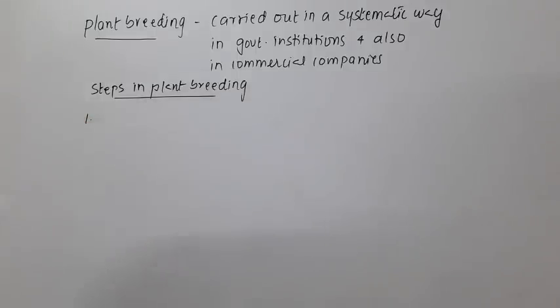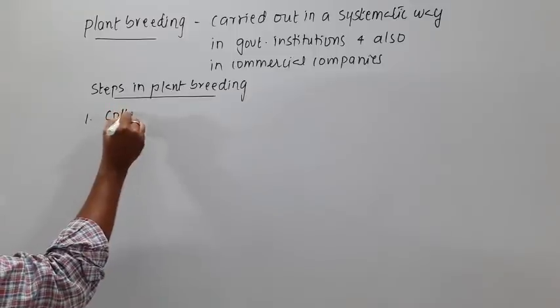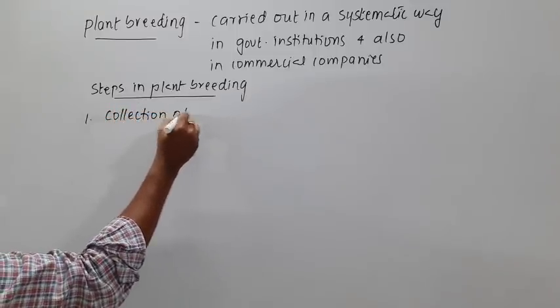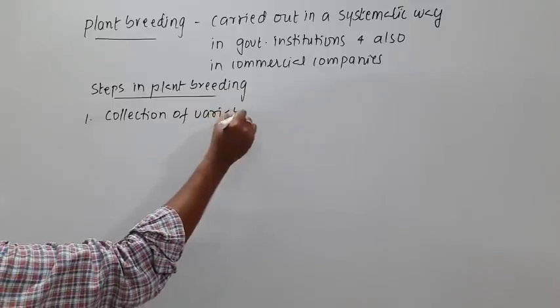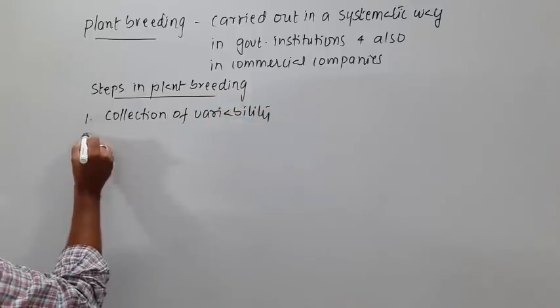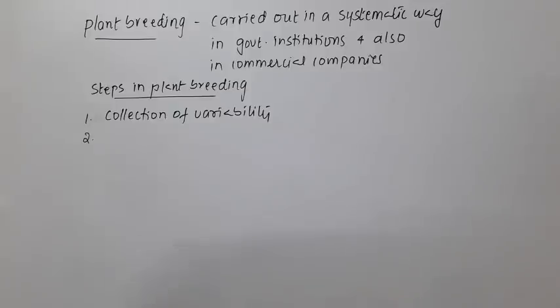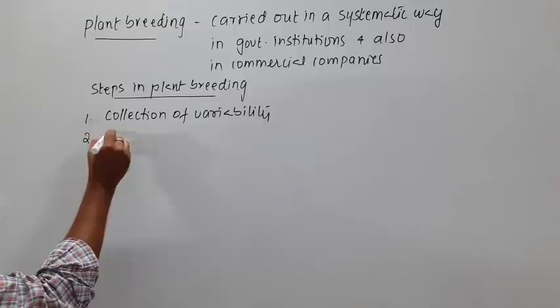The first step is collection of variability. The second step will be evaluation and selection of parents.